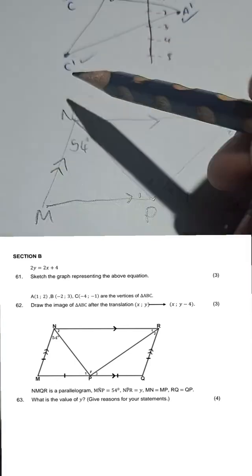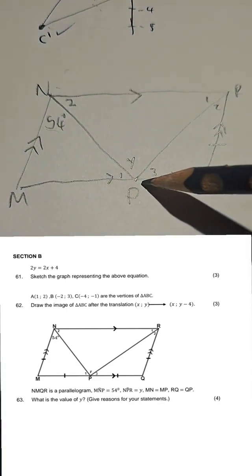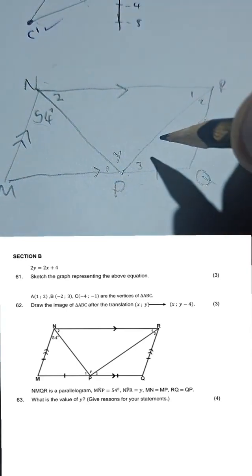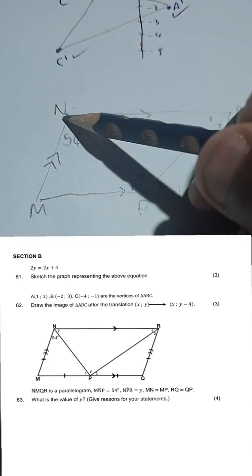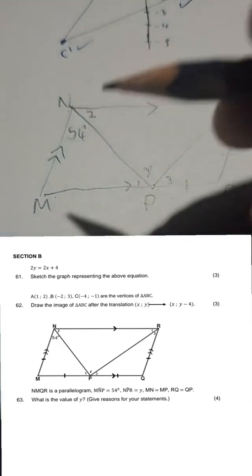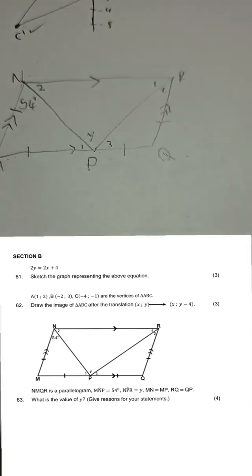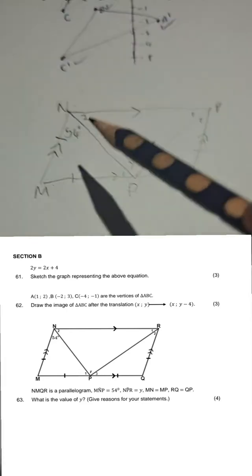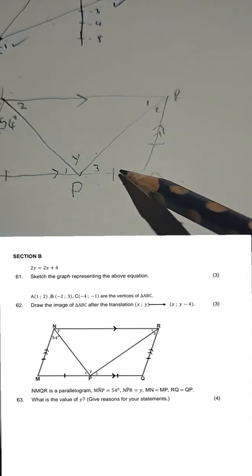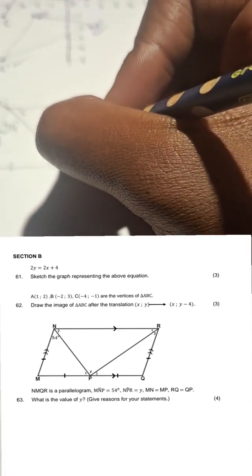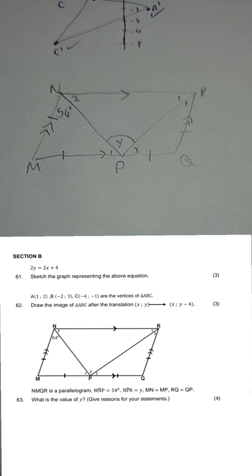Then NPR is Y. And then lastly, MN is equal to MP, so we write that because we see it in the diagram. These two are equal, and those two are also equal. And they want us to find the value of the angle Y.